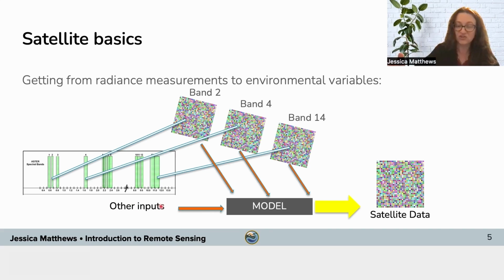We can take that information along with other ancillary inputs illustrated here by this purple box on the bottom, things that could be topography of the Earth or carbon dioxide forcings, or any number of other ancillary inputs, put them all together as inputs into that inverse model. And out of that inverse model comes what we refer to and what we'll use in our data applications, the final satellite data information. So there are many groups of people that focus on developing the model, or the green box as represented in this figure.